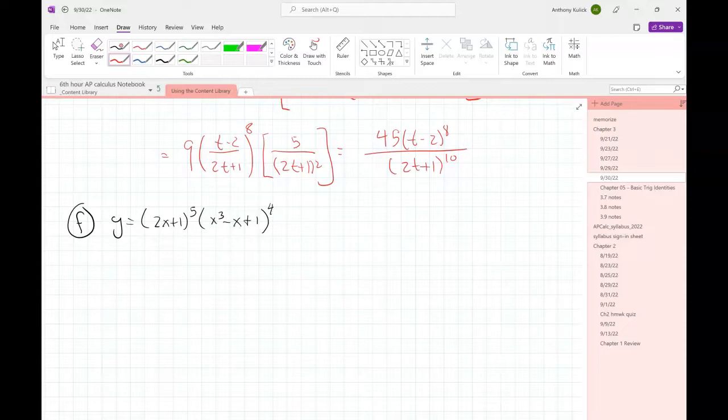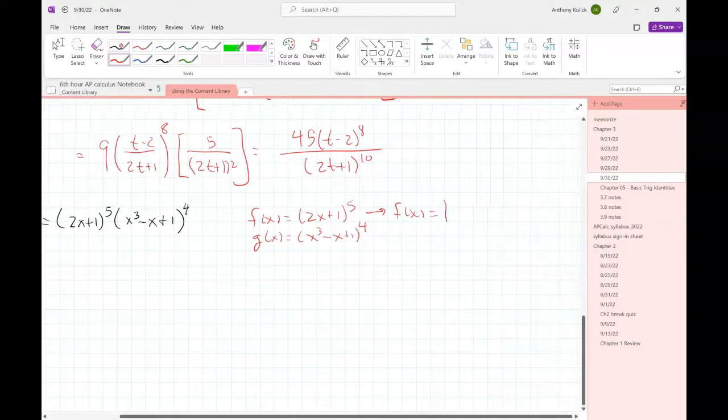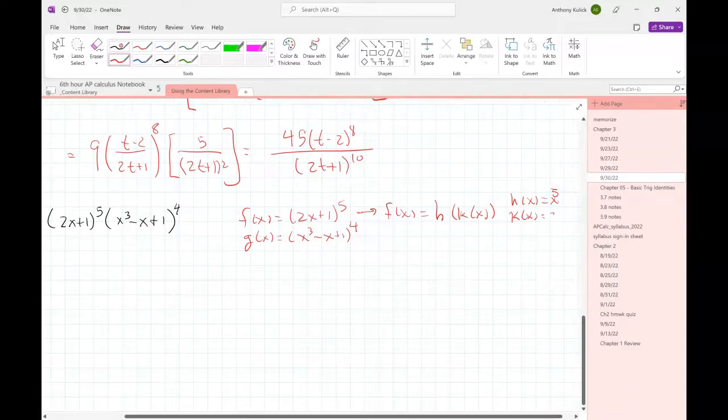So I would call these guys, and then maybe we'd say f of x equals h of k of x, where h of x is x to the 5th and k of x is 2x plus 1.